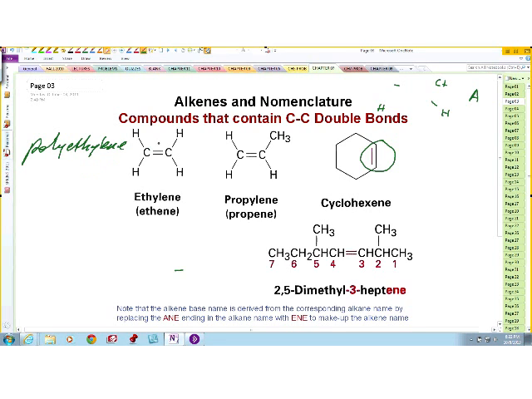Polyethylene bags, we use this molecule here to make the polyethylene plastic that are used to make the bags. Also here, we use it to make polypropylene plastics.